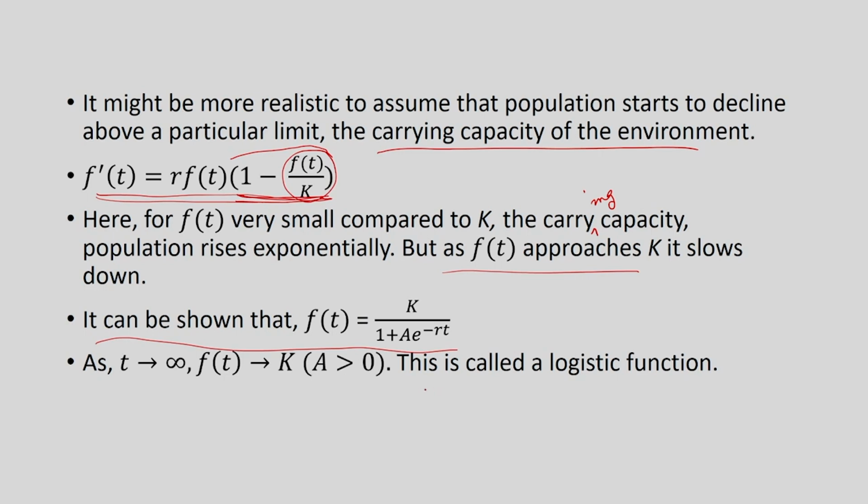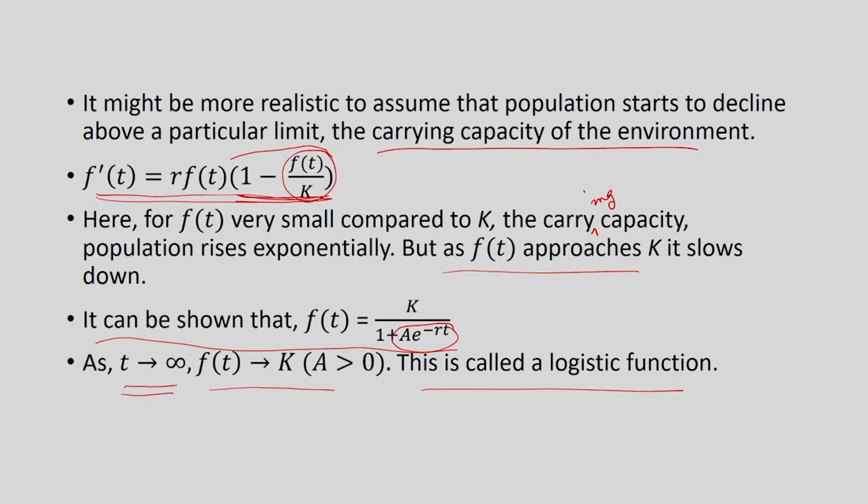Now, this is called a logistic function, and in this function suppose you take t approaching infinity, then the value of the function f(t) approaches capital K if capital A is greater than 0, because this term goes to 0 as t goes to infinity. So, therefore, f(t) becomes very close to capital K.